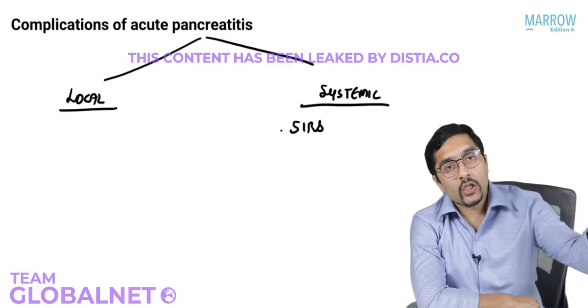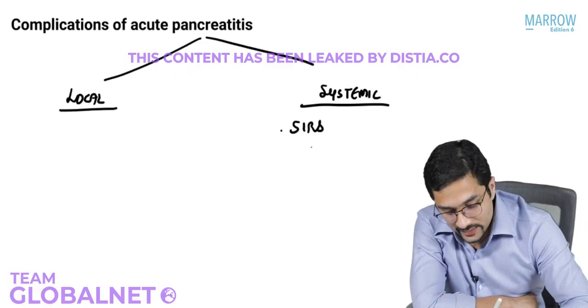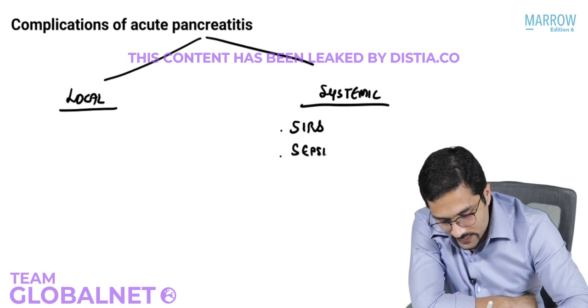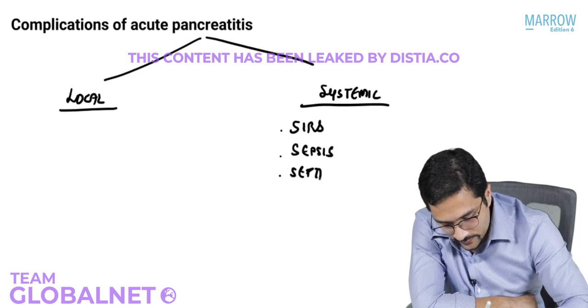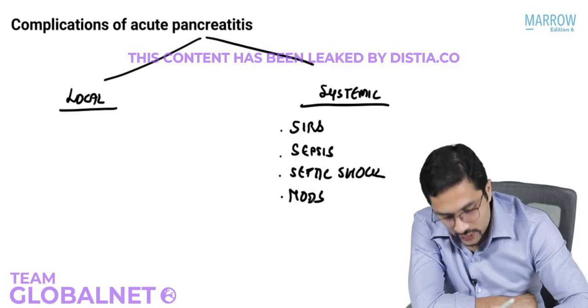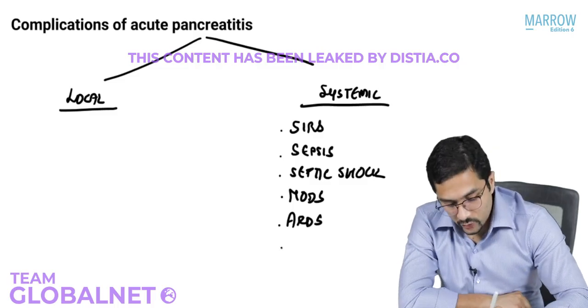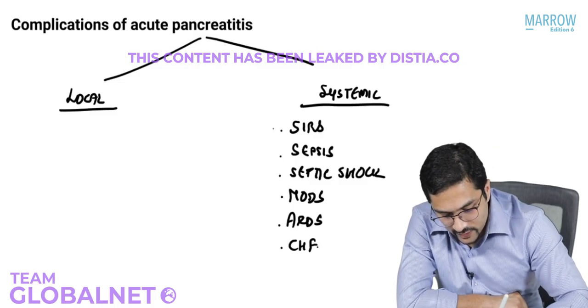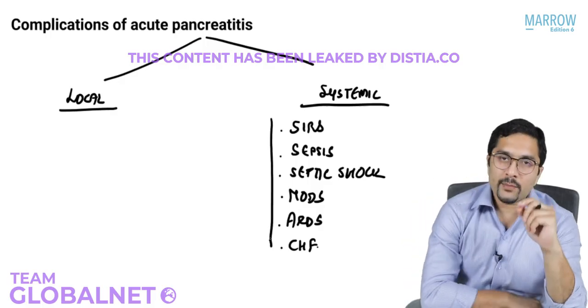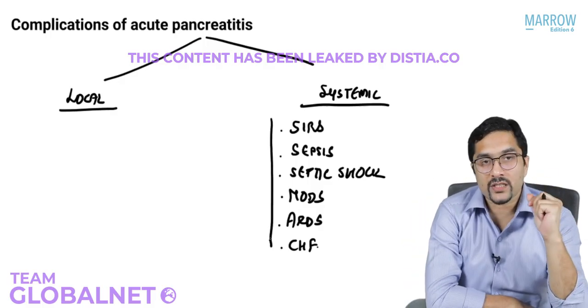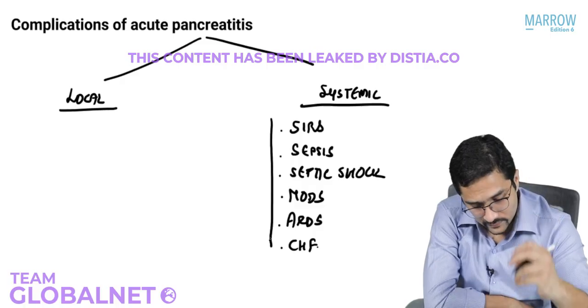This I've covered in the module on shock. I've spoken about SIRS, sepsis, septic shock, and MODS, multiple organ dysfunction syndrome. There can be ARDS, acute respiratory distress syndrome. There can be congestive heart failure. So these are the systemic complications which can be seen in patients with acute pancreatitis.